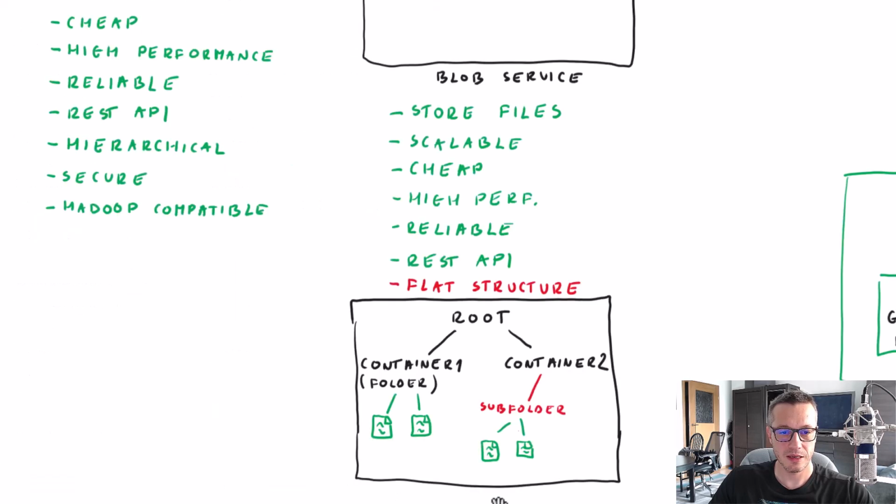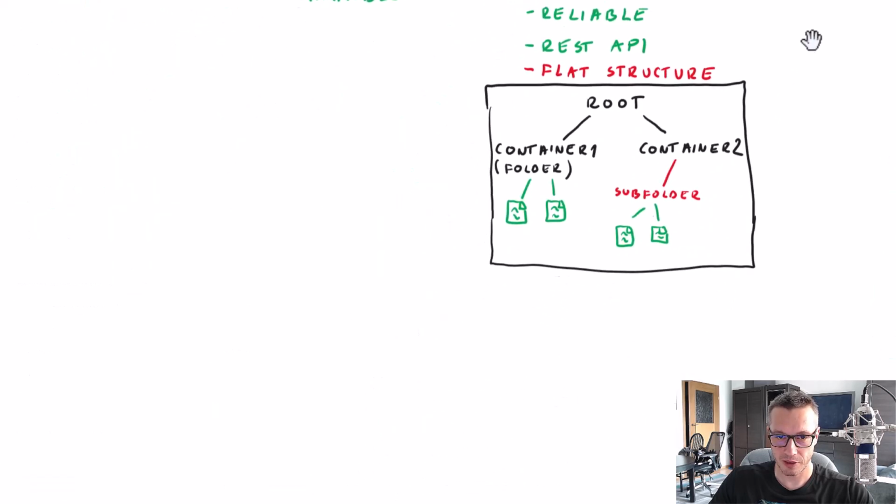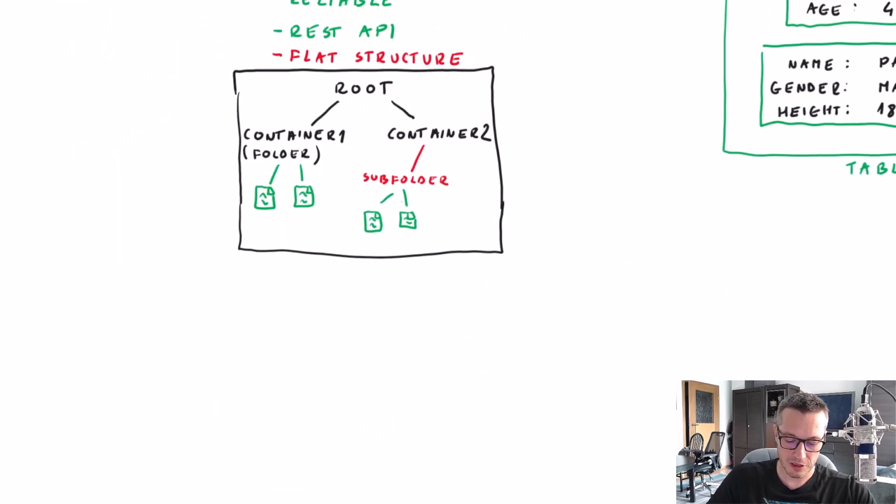All right. And let's go back to our drawing. So actually, what happens when I selected this checkbox? Basically what we did was to convert this regular blob storage into a data lake.